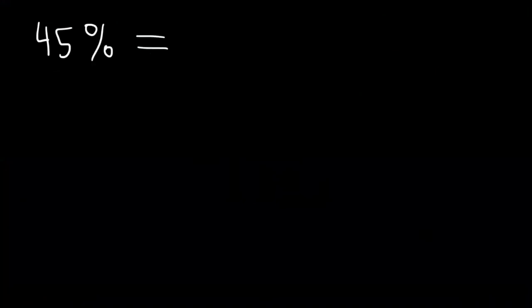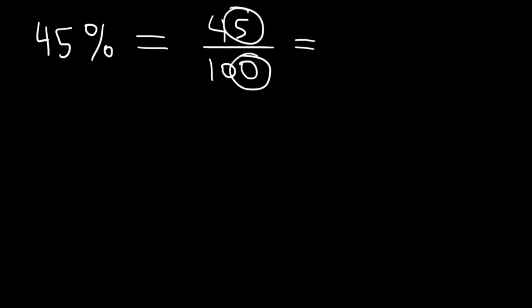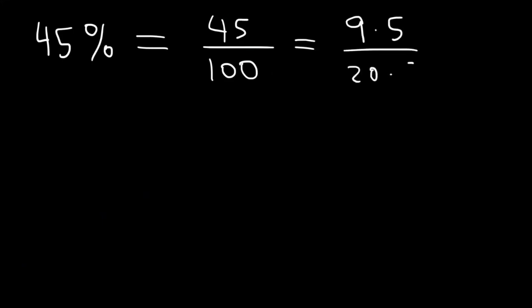So let's follow the same process. First, let's write it as 45 over 100. Now, all we need to do at this point is reduce the fraction. Whenever you see a number that ends in 5 or 0, that means that it's divisible by 5. It turns out that 45 is 9 times 5, and 100 is 20 times 5.